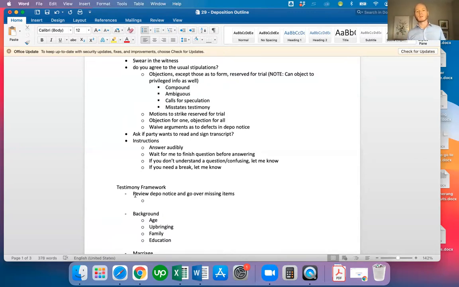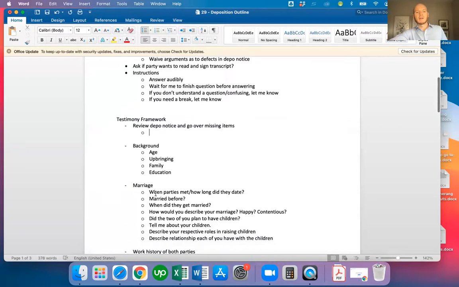You'll usually want to go through that deposition notice and identify which documents they failed to provide and have a record of what they still need to gather, and just talk to them and say, hey, when can you get me this? It's a way to follow up on them providing documents that they have failed to provide.